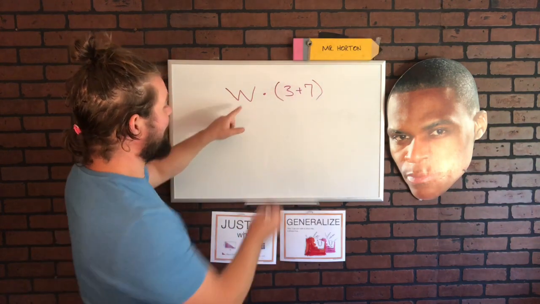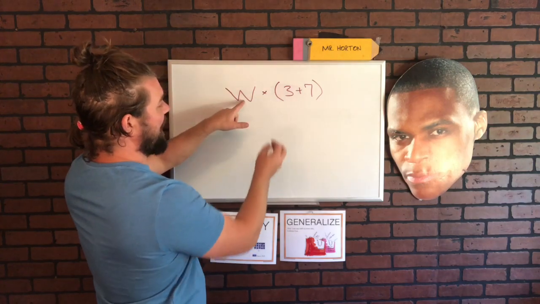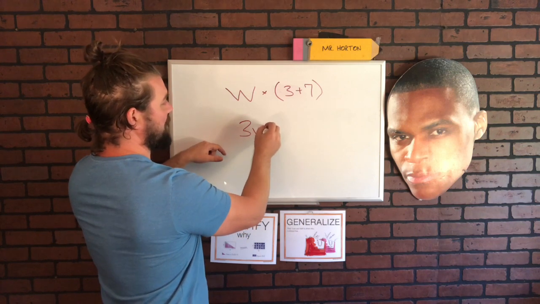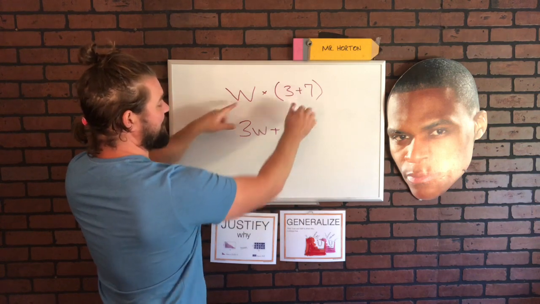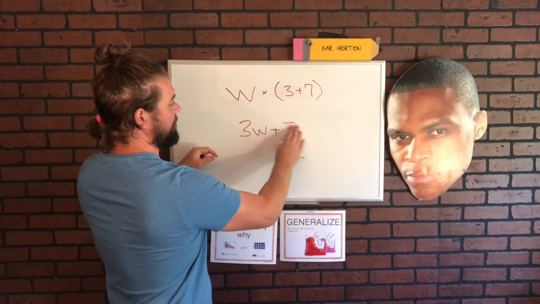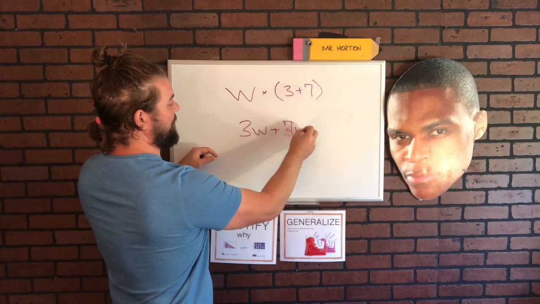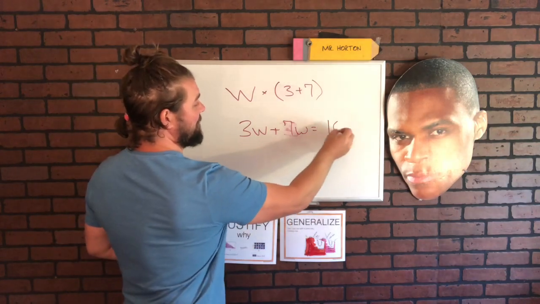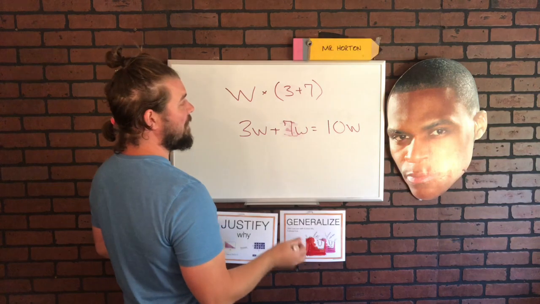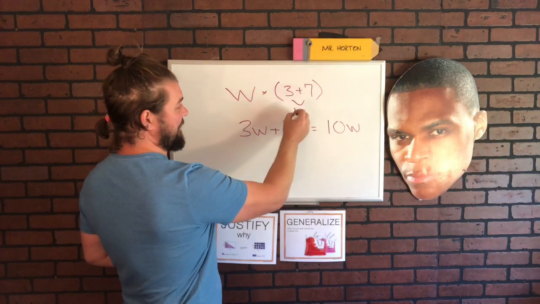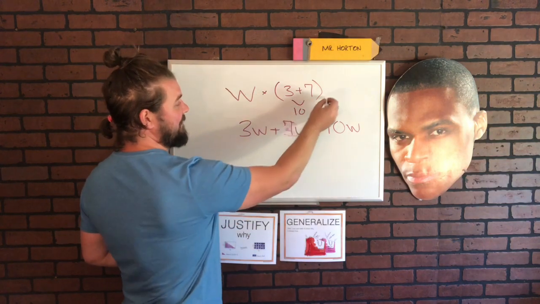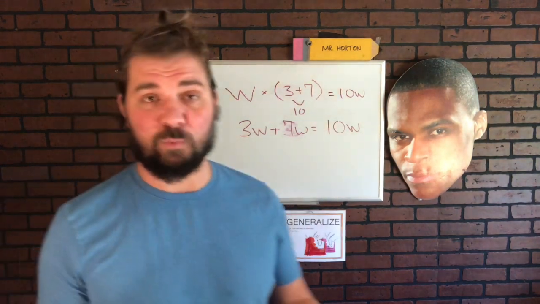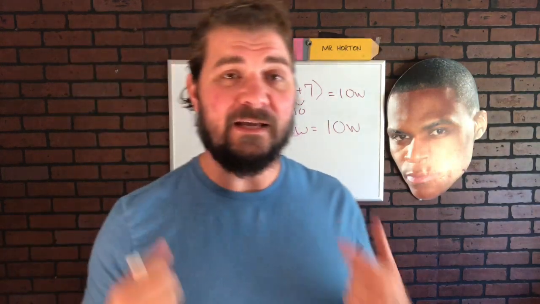But that means I would have W times 3, or 3W, plus W times 7, 7W, and I could combine 3 W's and 7 W's to make 10 W's. Or I could add these together and get 10 here and do W times 10 and get 10 W's. Both methods work. The distributive property is awesome.